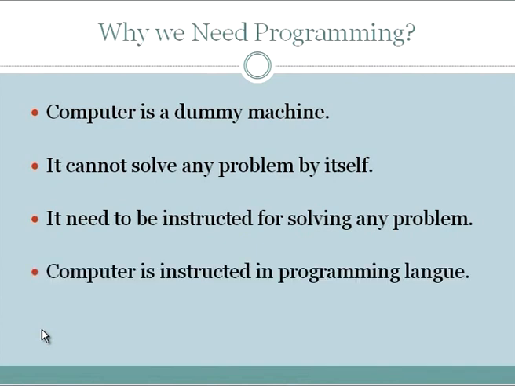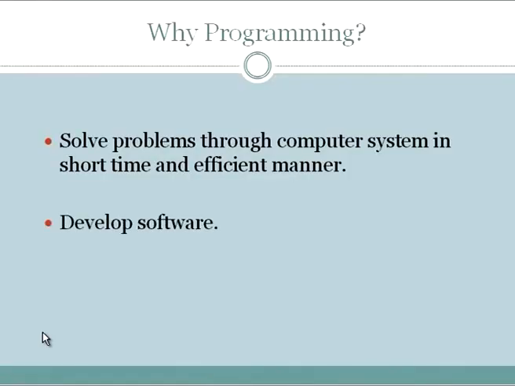Computer is instructed in programming language. We need programming to solve problem through computer system because computer system can solve problems in short time and in efficient manner. And thus, by programming, we can develop computer software.